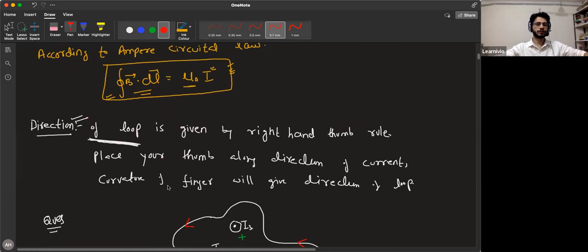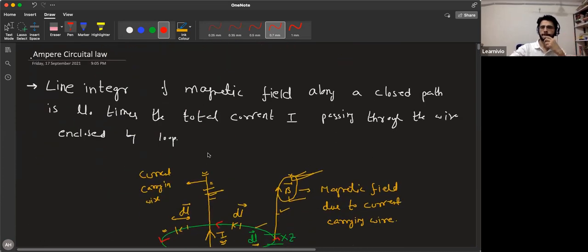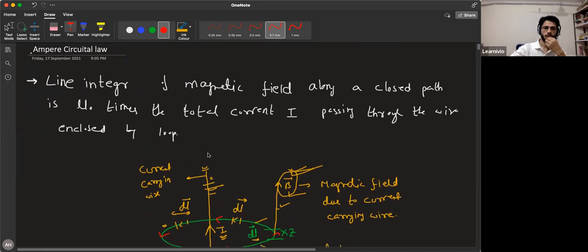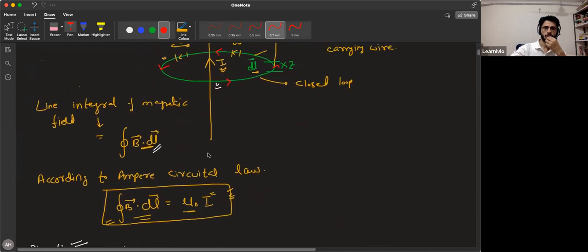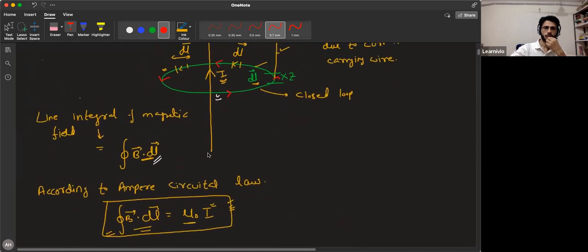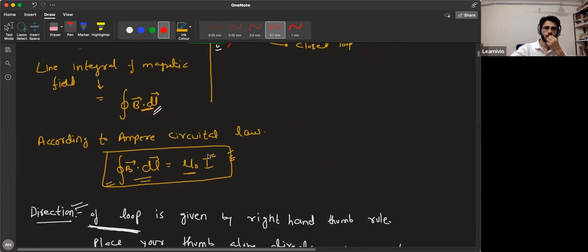Just note down this rule for the direction of the magnetic field. Sir, can you show the first few lines? Yes.